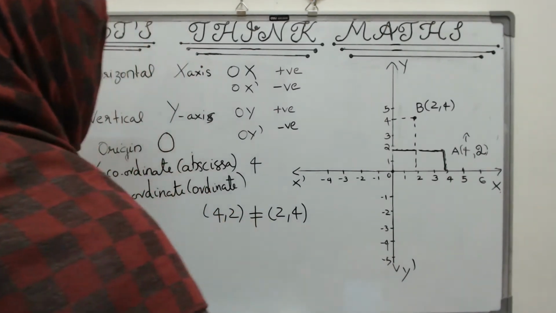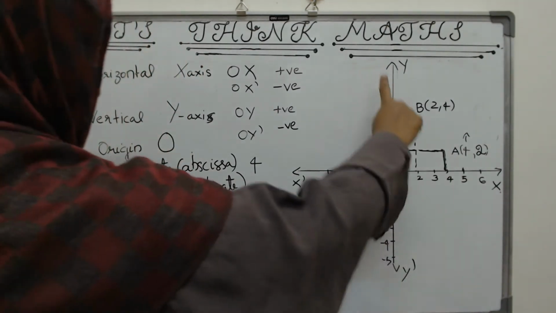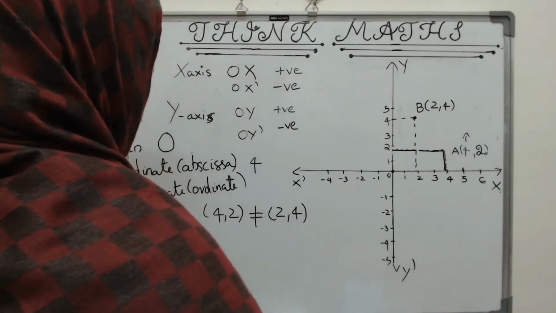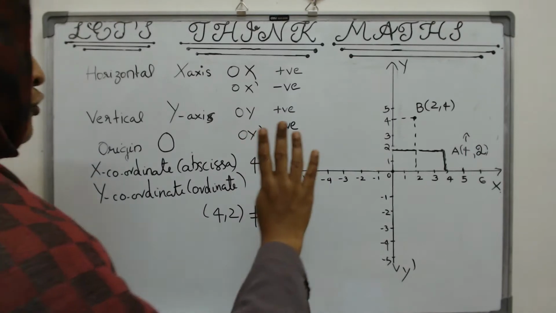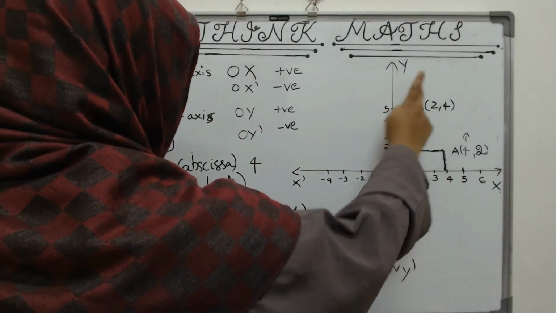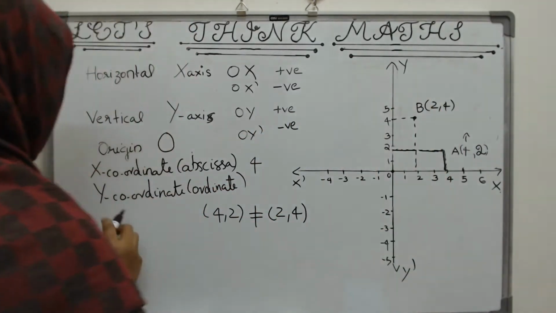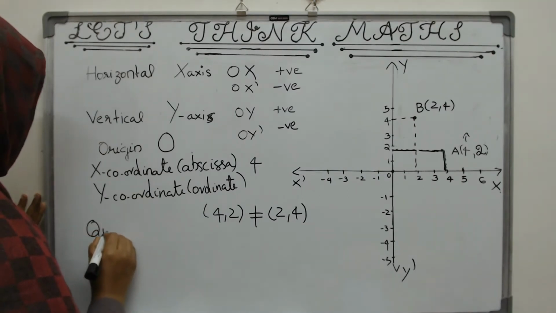So now what do we notice? These two axes have divided the coordinate plane into 4 parts. You can see that, like 4 parts. Each part is called a quadrant.